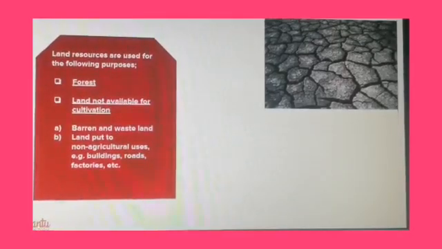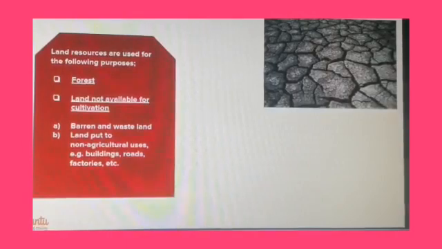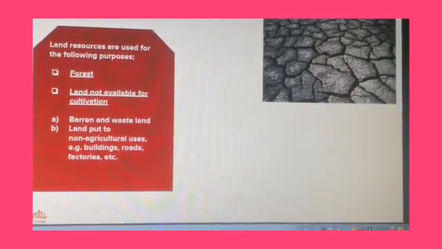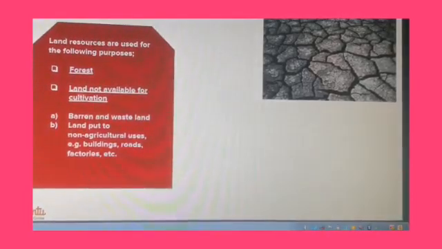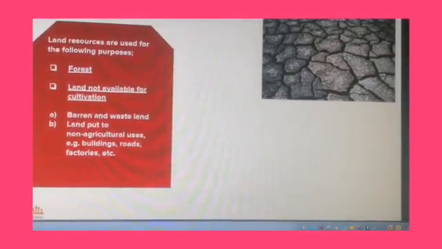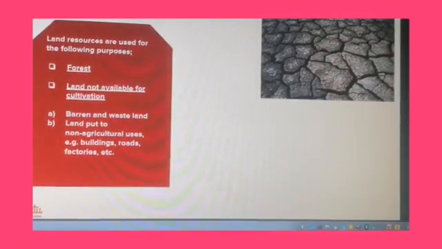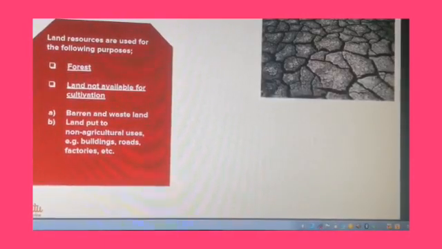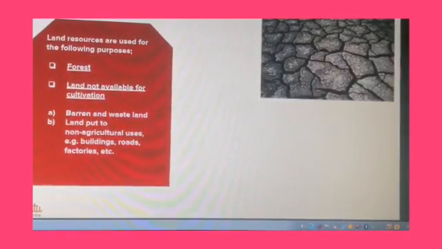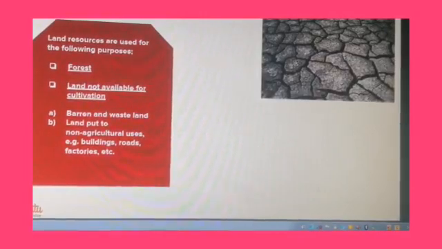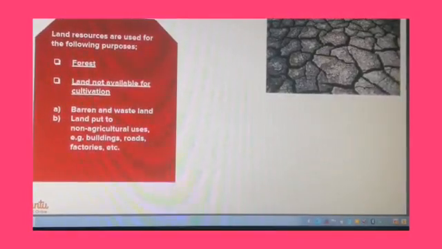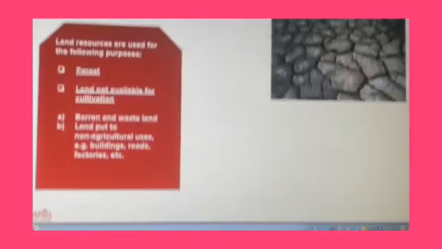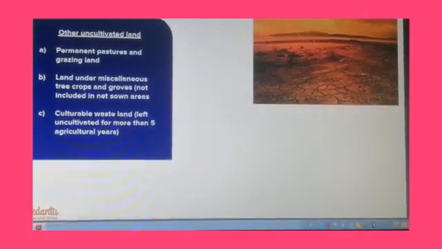The land resources are used for the following purposes. Land can be used for forest. Land not available for cultivation, that is barren and wasteland. Land put to non-agricultural uses, for example buildings, roads, factories, etc. Other uncultivated land: permanent pasture and grazing land.